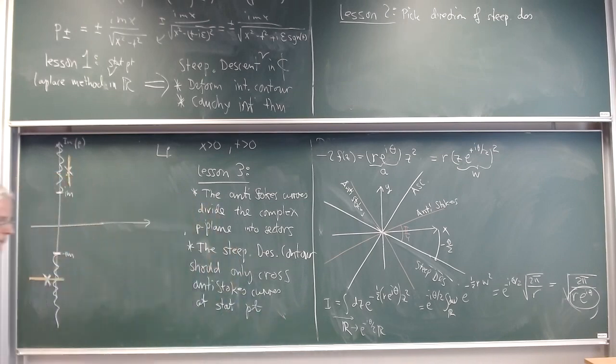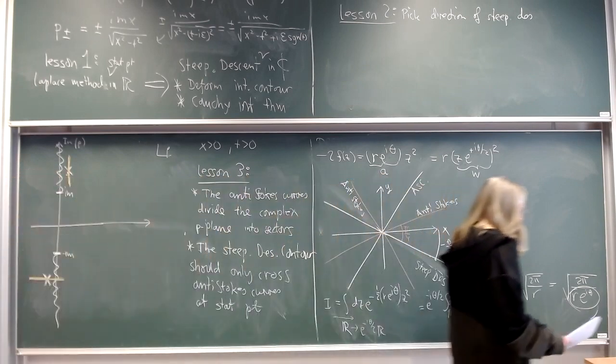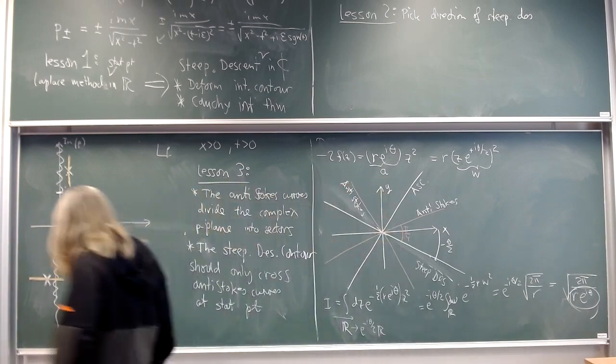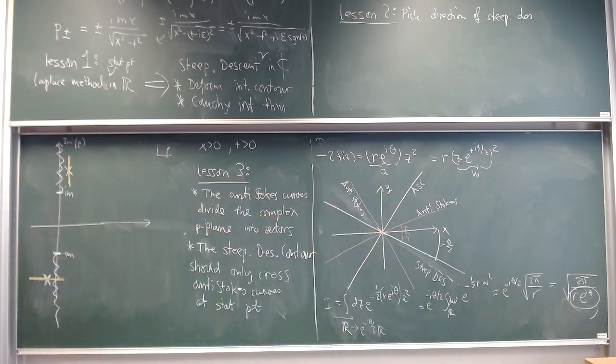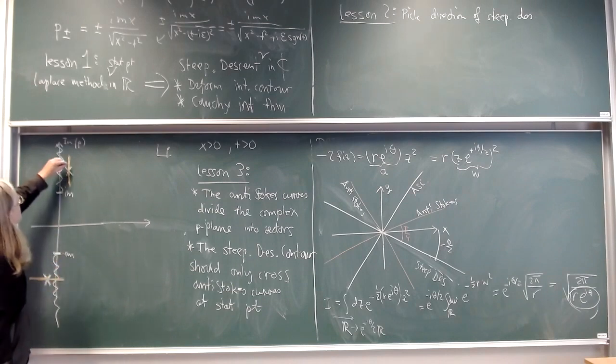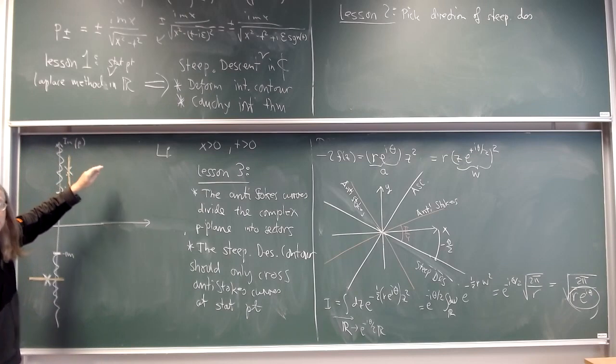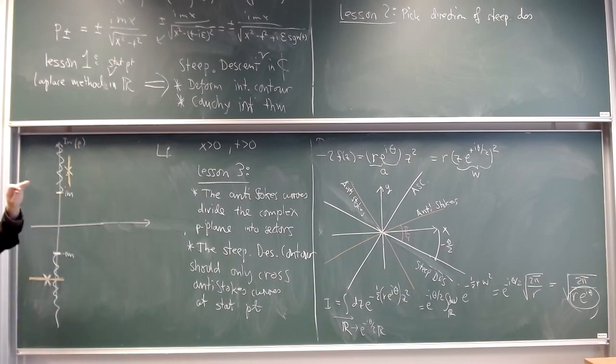Okay, so now let's draw. I'm going to generalize what I called anti-Stokes lines before into anti-Stokes curves. So now we will simply ask: when is the real part of phi constant, equal to its value at the stationary point?